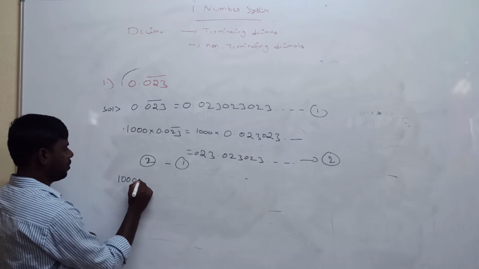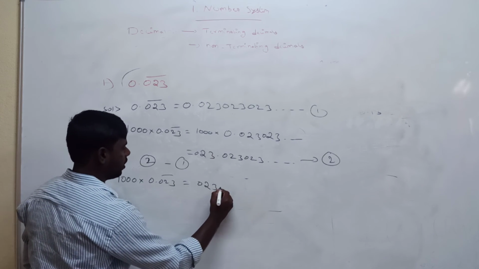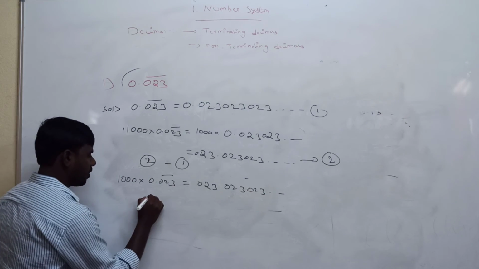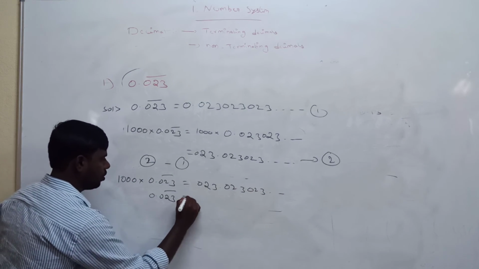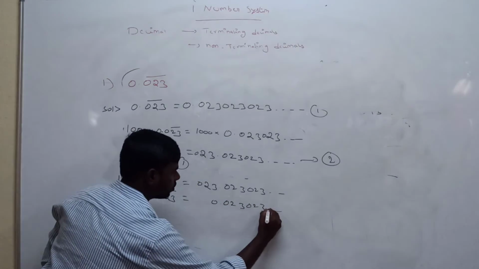1000 into 0.023 bar is nothing but 23.023023 and so on. Equation 1 is 0.023 bar, which is 0.023023 and so on.